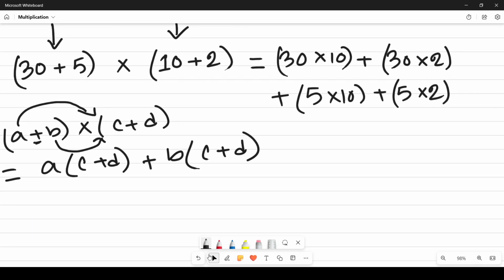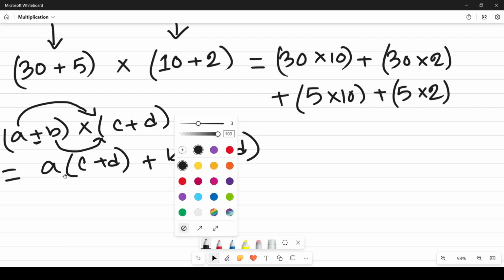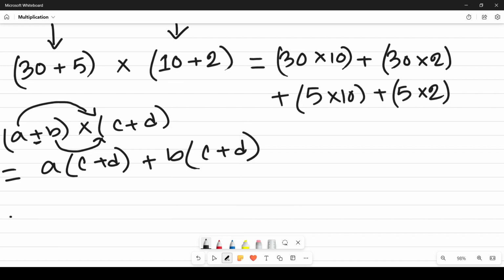So if you now individually multiply these values, we get AC plus AD plus BC plus BD, right? So the same thing happened in here. What do we get here?